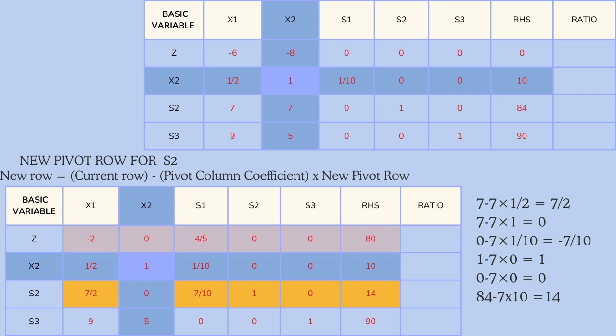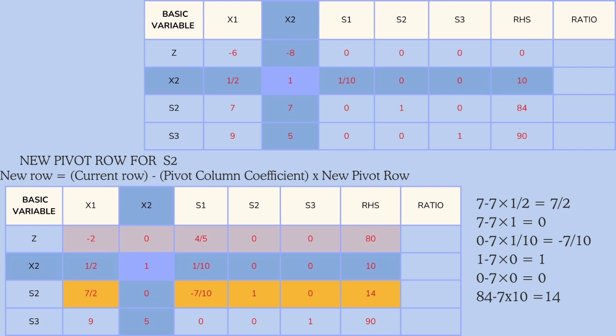So, let's start. So, 7 minus 7 times 1 over 2 is equals to 7 over 2. So, sumunod is automatic ang sagot dyan is 0. Kasi nga, sabi ko nga sa inyo, lahat ng nasa pivot column, kapag sinolve nyo yan, ang magiging sagot always is 0.